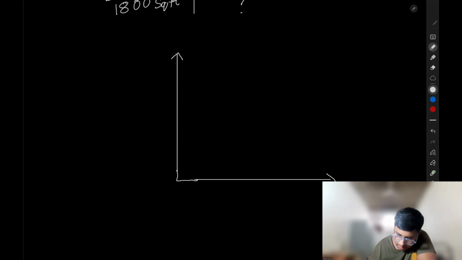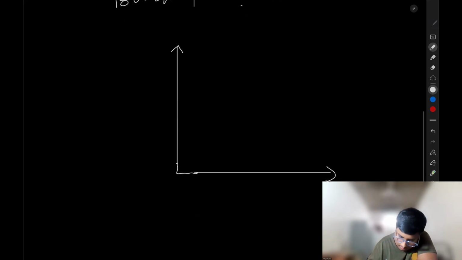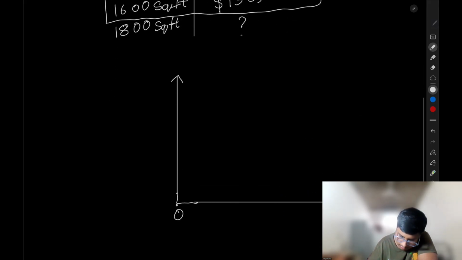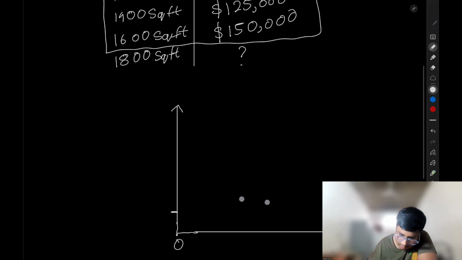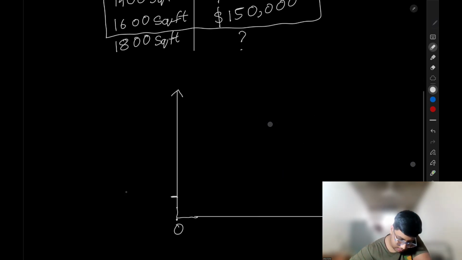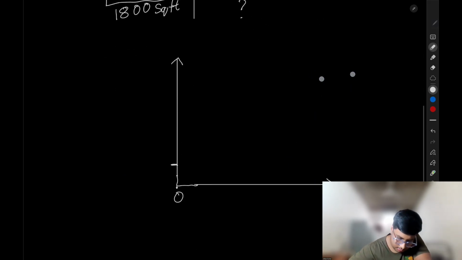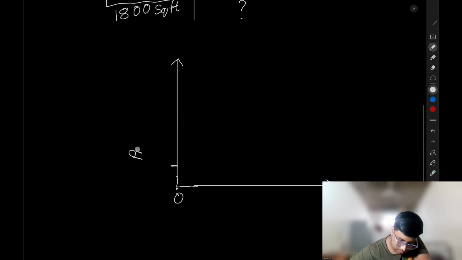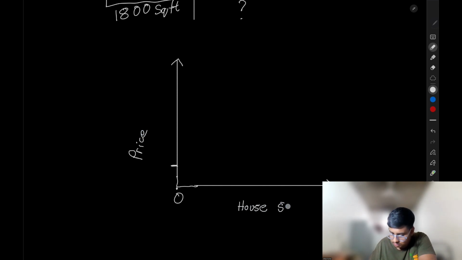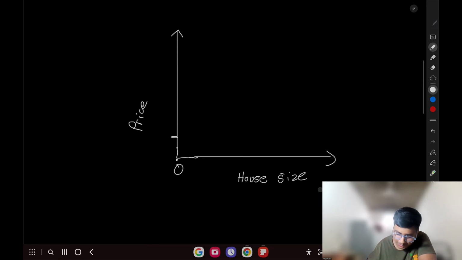Let's start here. On the y-axis, we are going to take price, and on the x-axis, we are going to take the house size. Sorry, a new page was created.